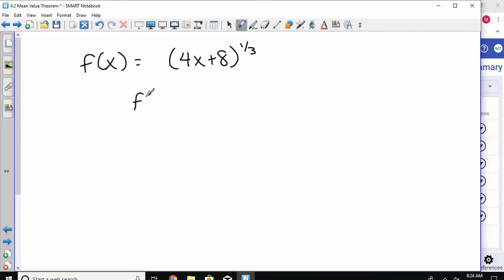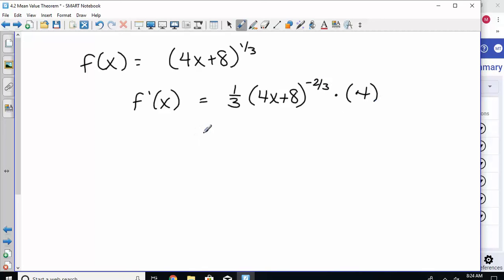Derivative. So the exponent comes down, inside stays the same, subtract 1 from the power, times the derivative of the inside, which is 4. I recommend rewriting these.